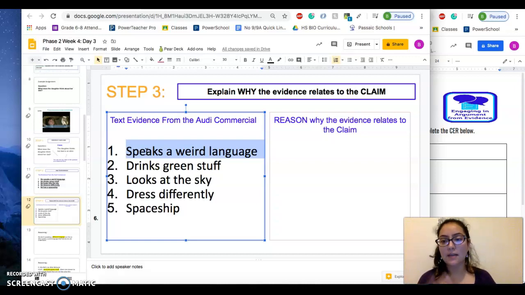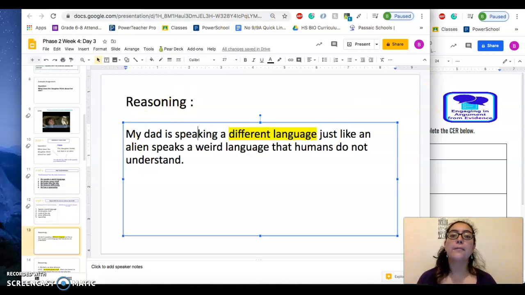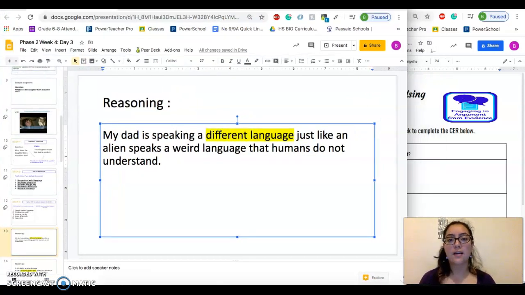Why did she use that as evidence? If we go to the next slide, for the reasoning, you want to state the evidence again. So I'm talking as if I'm the girl. My dad is speaking a different language, just like an alien speaks a weird language that humans do not understand.